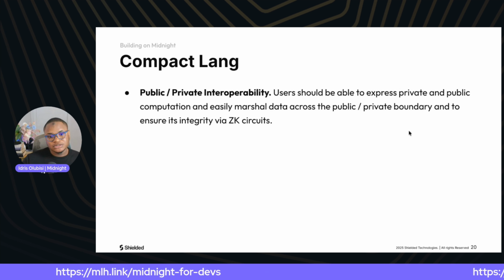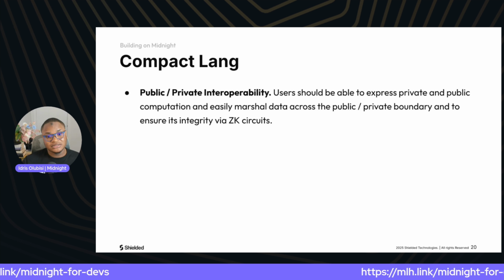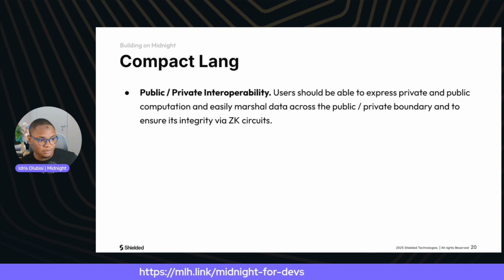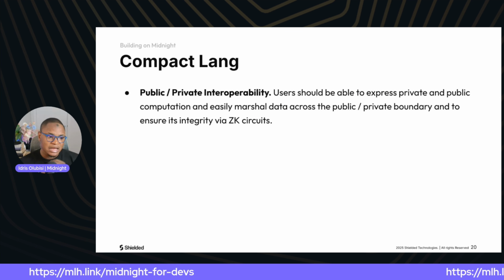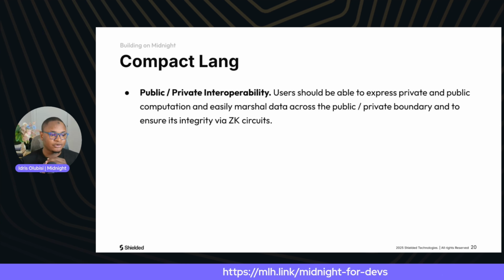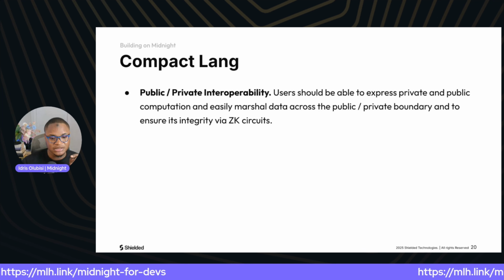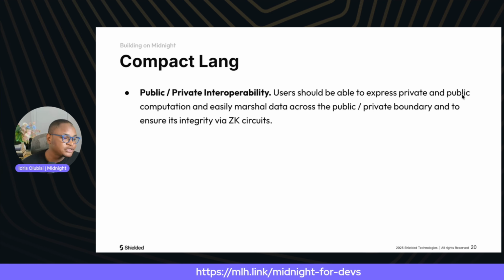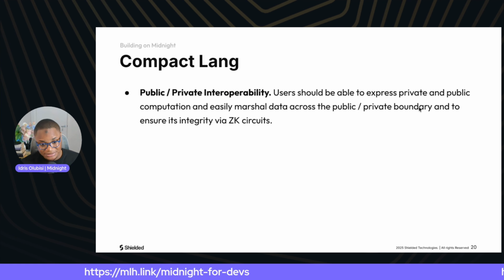There are 3 building blocks when you think about Compact. The first part is public and private interoperability, where users should be able to express private and public computation and easily match data across the public and private boundary and ensure its integrity via ZK circuit. This is one of the principles of why Compact exists.